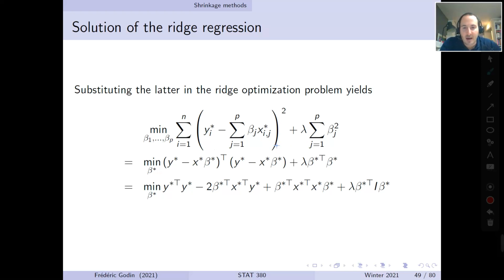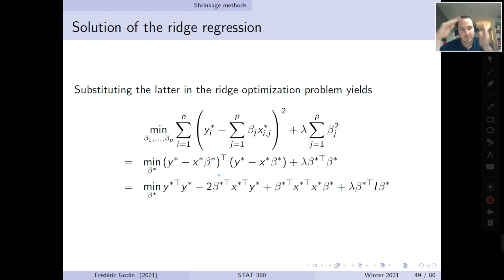Okay, so here we can replace this by the dot product between the vector of y's minus the design matrix times the vector beta. Instead of having the dot product, what we can do is take the vector transpose times the column vector.